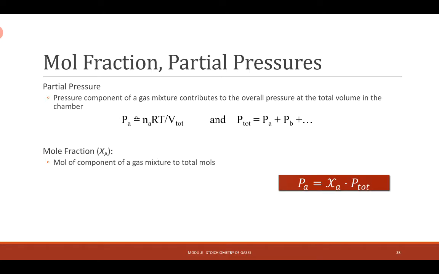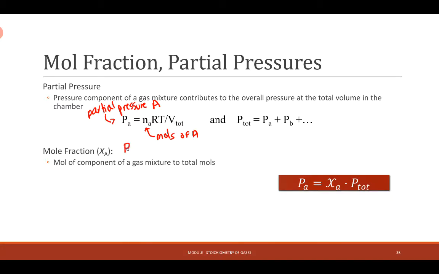So let's talk about another way of solving for partial pressures. We know that the pressure of one component of a mixture would be due to the moles of that component. So the total volume of the container is what the volume of that gas is. But to solve for the partial pressure of component A, we can look at the moles of that substance times R times T, and then the total volume of the container.